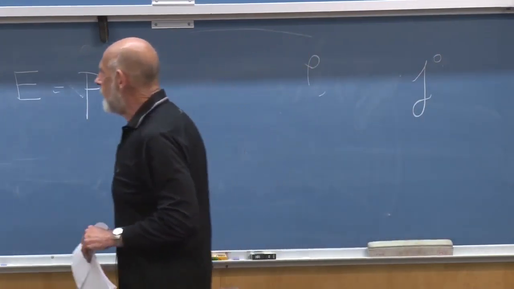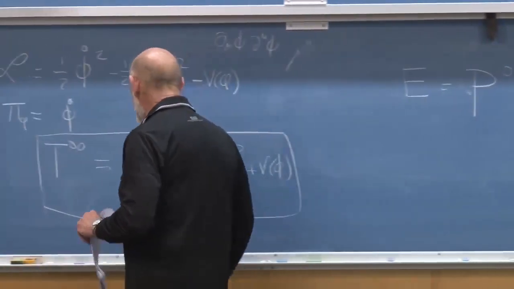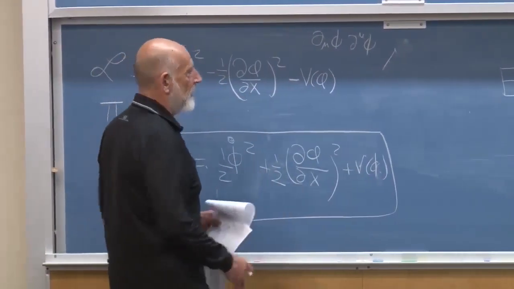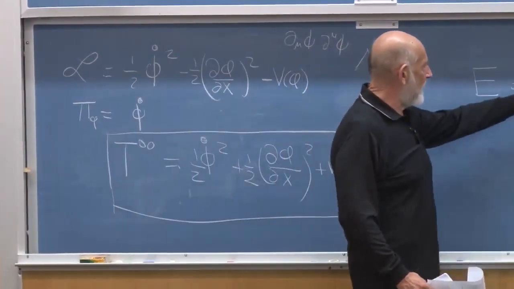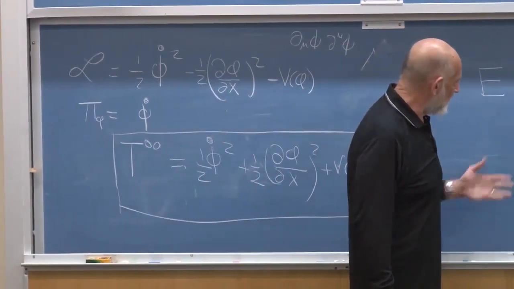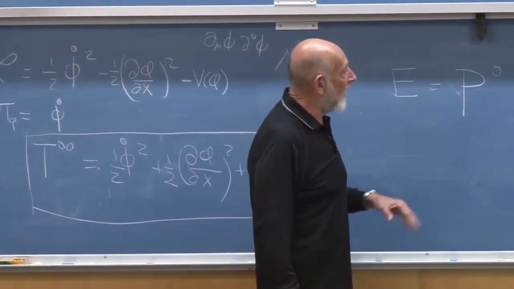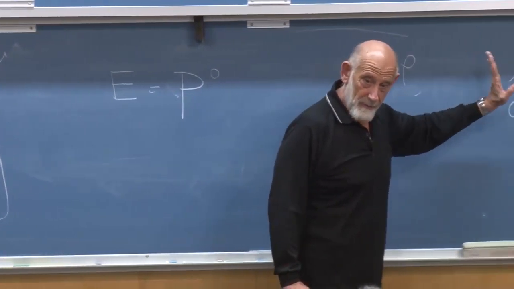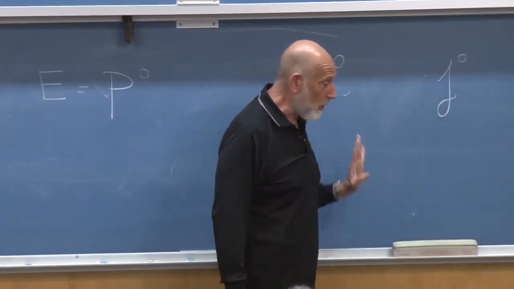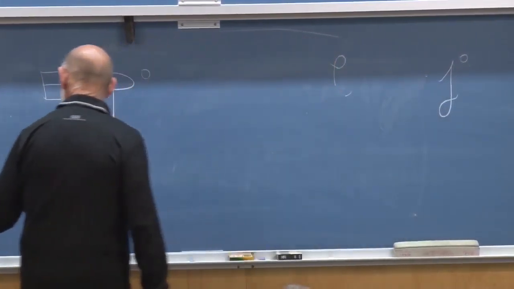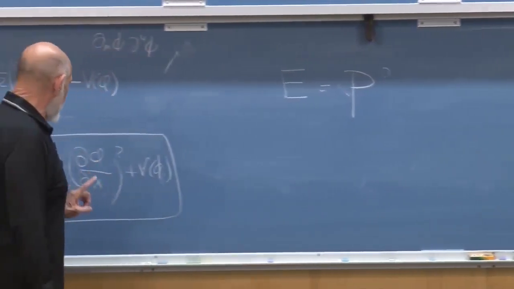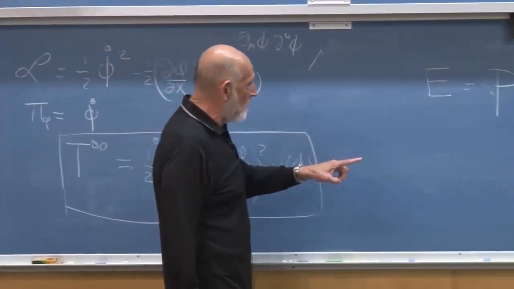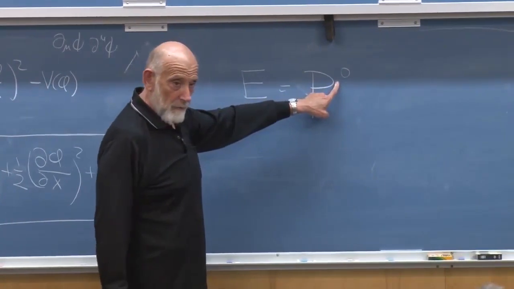Well, now we have the density of energy. Energy itself is the 4th component of something, the time component. And density is the 4th component of something, namely a current, a 4-dimensional current. So the density of energy is the density of the time component of a 4-vector.